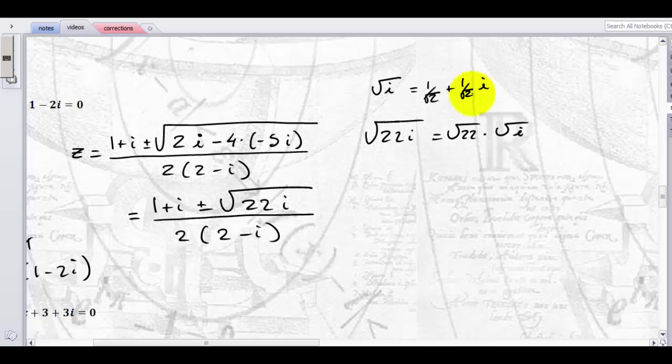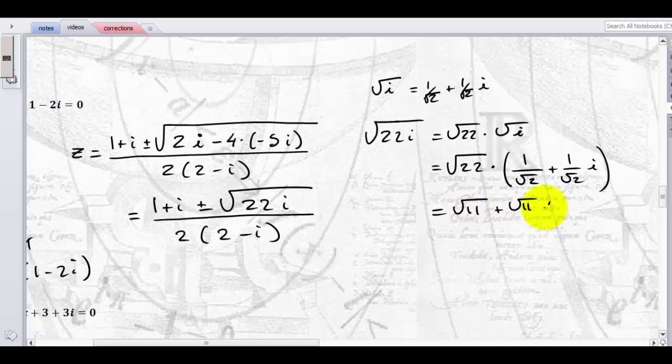It's a problem I did, and you had to figure out the square root of negative i, I think. So this is root 22 times (1 over root 2 plus 1 over root 2 i). Let's simplify this. So it's root 11 plus root 11 i.